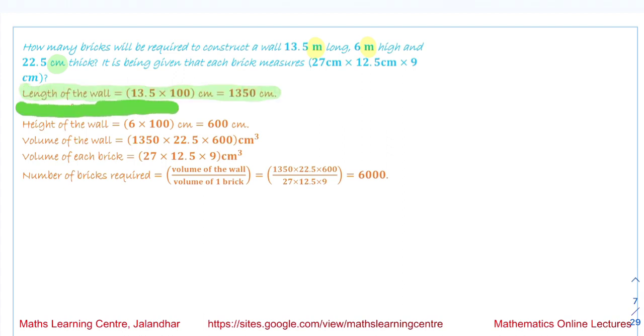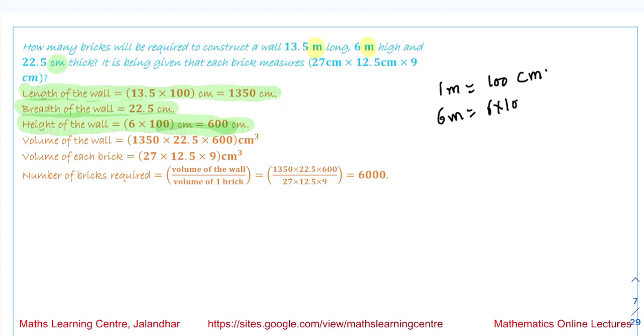Breadth of the wall we have it is 22.5 centimeter and height of the wall we have it is 600 centimeter. Why? Because we know that 1 meter is equal to 100 centimeter. So when we are talking about say 6 meter, the value will be 6 into 100 centimeter. The answer you will get it is 600 centimeter.